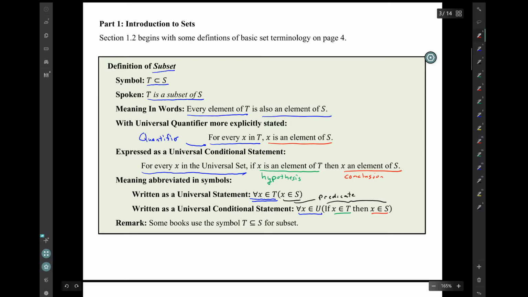Note that some books use the symbol like that for subset. If you were in Math 3050 using the discrete math book by Susanna Epp, you would have seen this symbol used for a general subset.